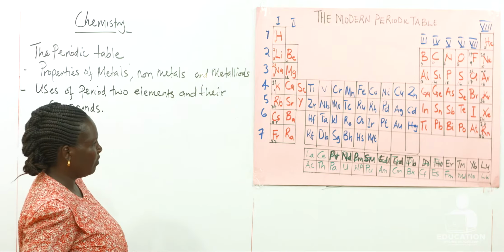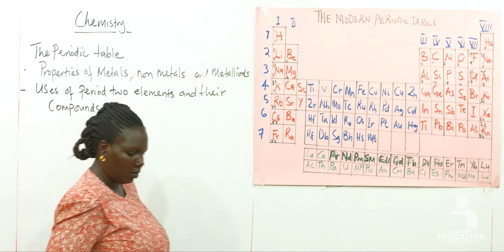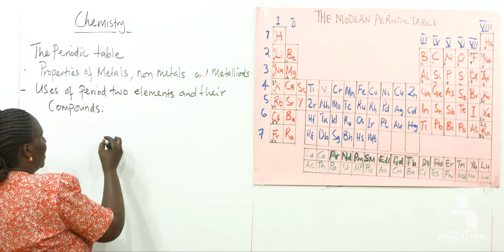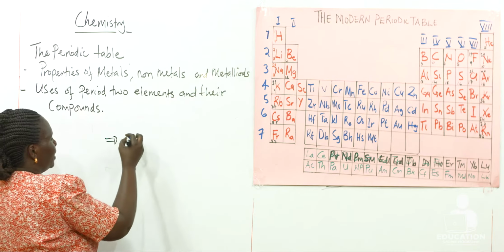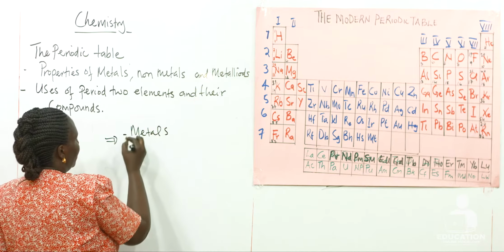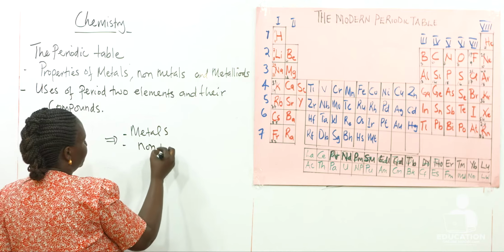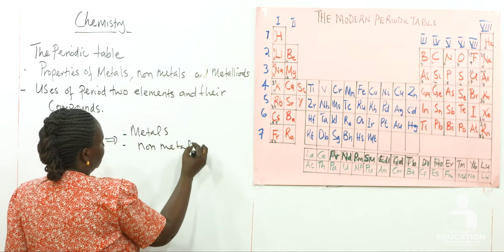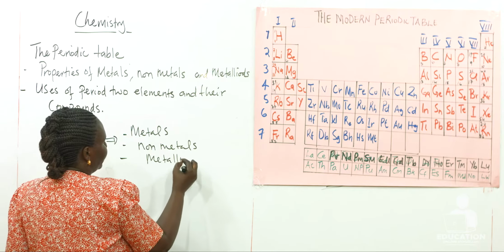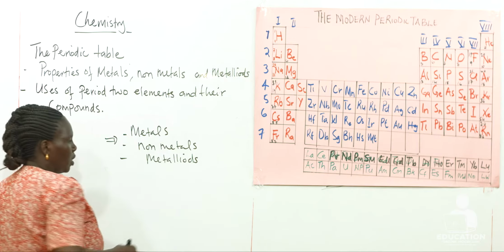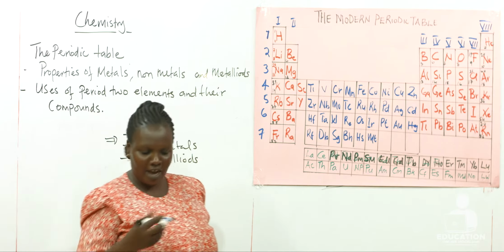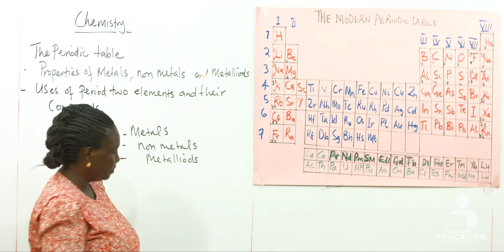The arrangement of elements in the periodic table: all the elements fall within 3 categories. They are either metals, non-metals, or metalloids. The metalloids show both properties of metals and non-metals.